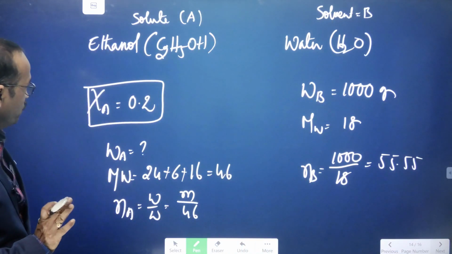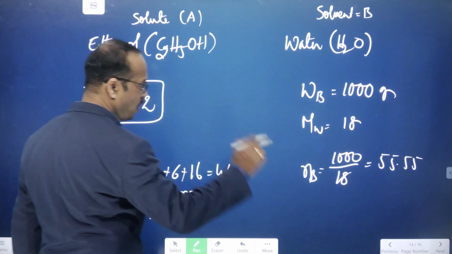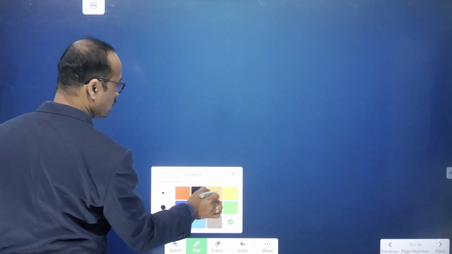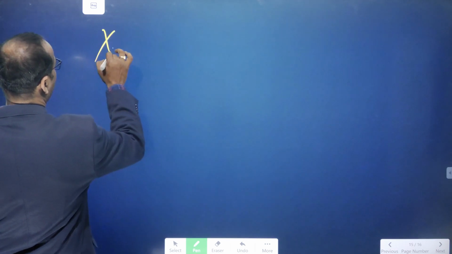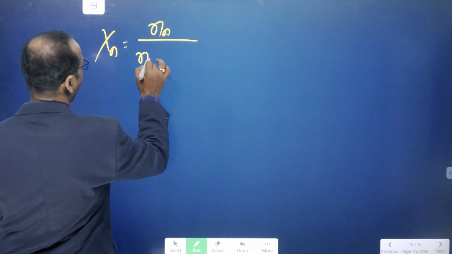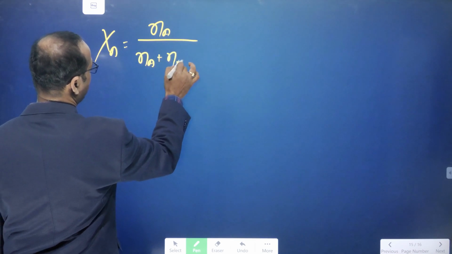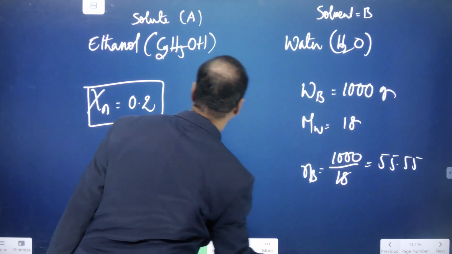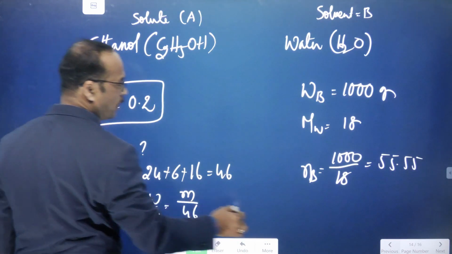Now this information we have, you substitute all of it in the formula. What's the formula for mole fraction? Mole fraction XA is equal to Na by Na plus Nb. Correct? This is the formula. Now XA is given as 0.2.